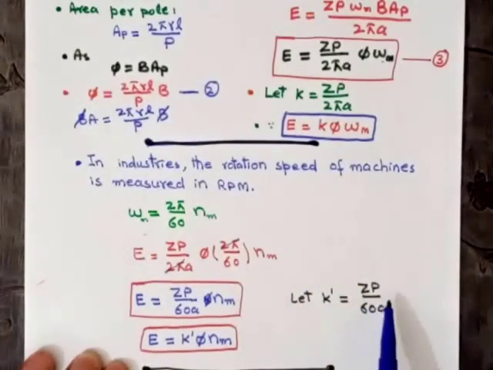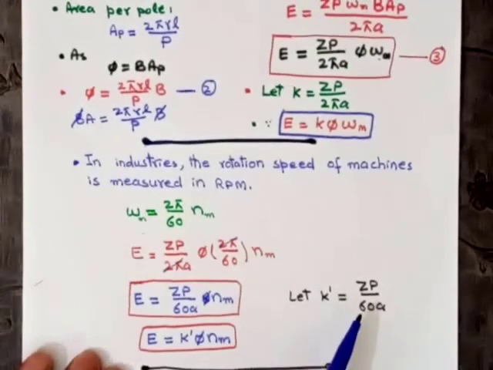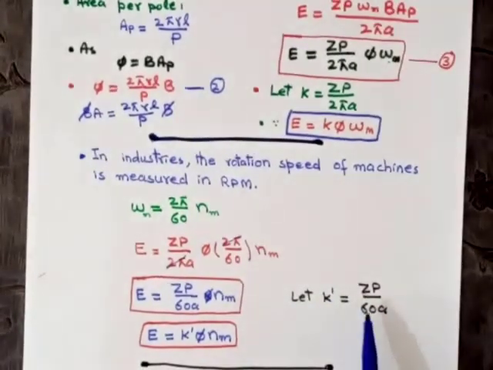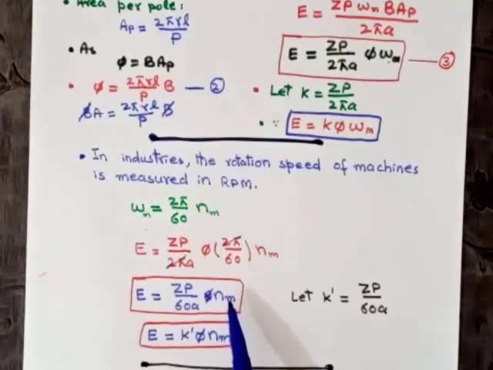Therefore the final equation becomes E is equal to K dash flux into N, where N is the speed in revolution per minute, phi is the flux, and K dash is the constant factor, and the value of K dash is equal to ZP over 60A. By using this equation, we can find the internal generated voltage in case of real DC machines.